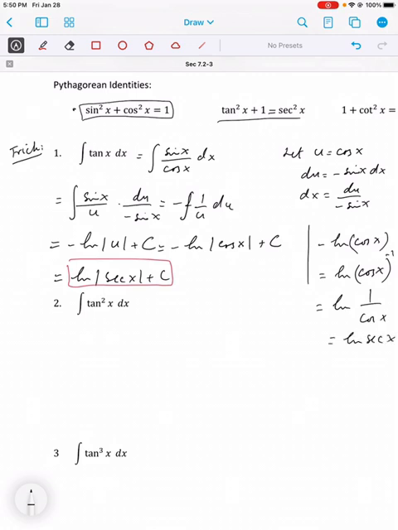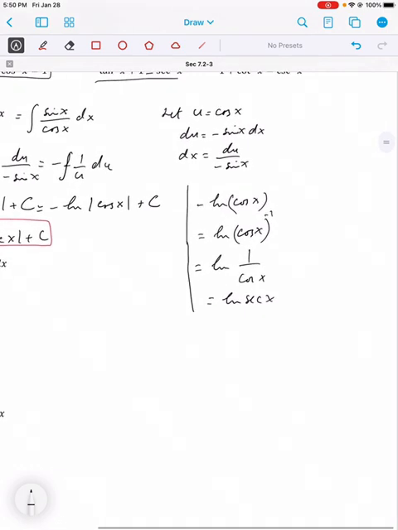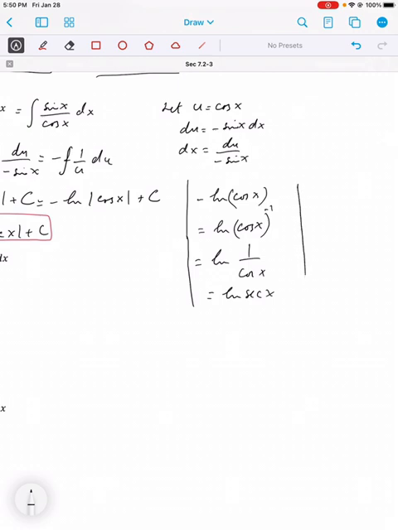Now note here, this negative power is not the inverse, so you have to remember these things, that cosine negative 1 of x is not the same as cosine of x to the negative 1.